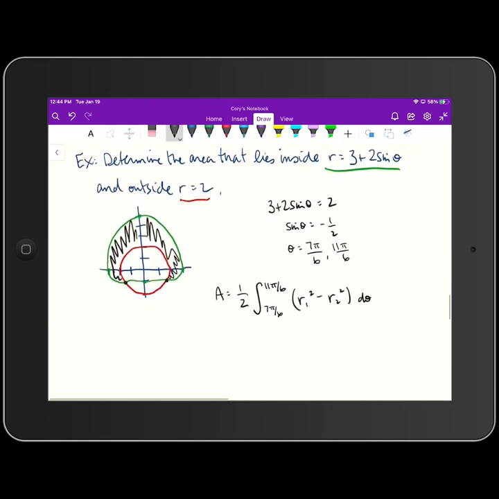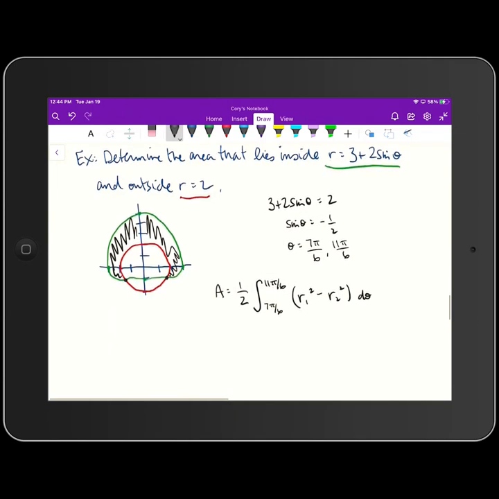Okay, let's talk about what's incorrect with this. If you took the integral from 7 pi over 6 to 11 pi over 6, I'm going to go ahead and highlight 7 pi over 6 in blue. 11 pi over 6, that angle would look like that. Again, picture the radar.